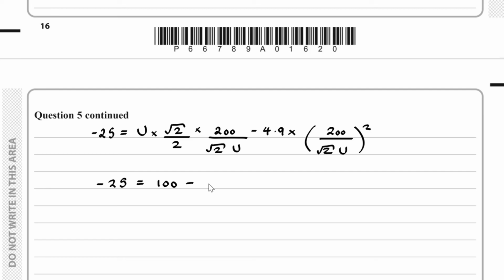Okay, so minus 98,000 over u squared. So if we rearrange for u squared, that's equal to 784, and therefore we can see here u is equal to 28.